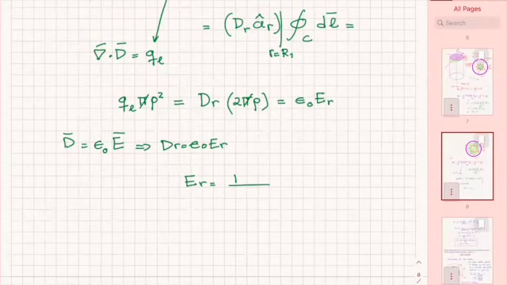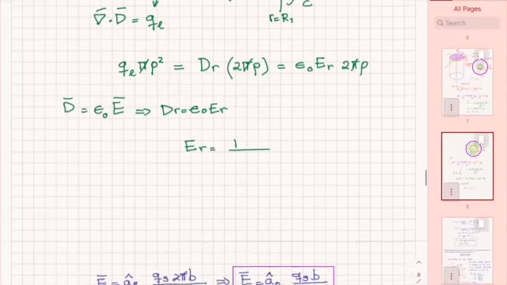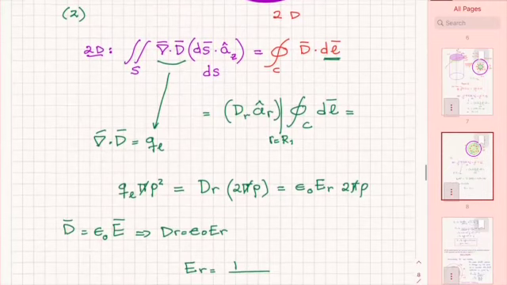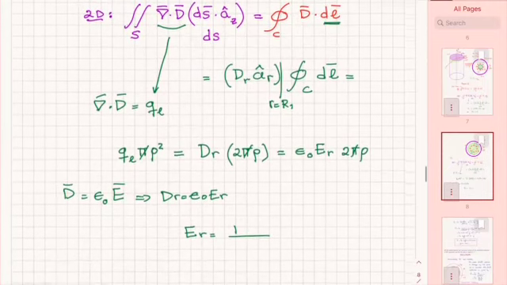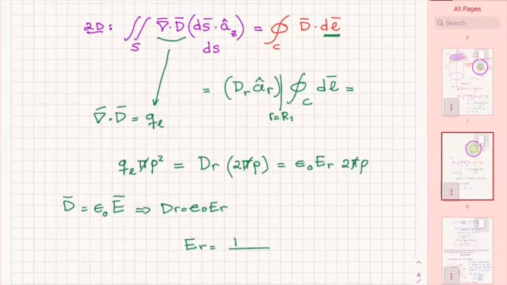That's why I got confused here. 2 pi rho. Okay, so it's pi here. And then, sorry, I think, yeah, Q sub L. Mistake number 1.